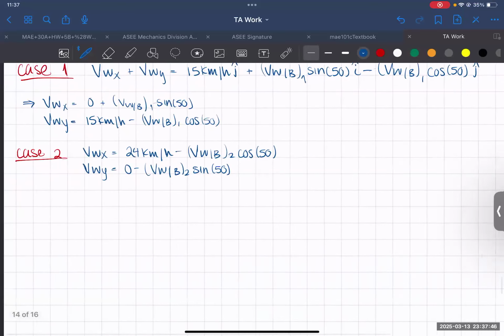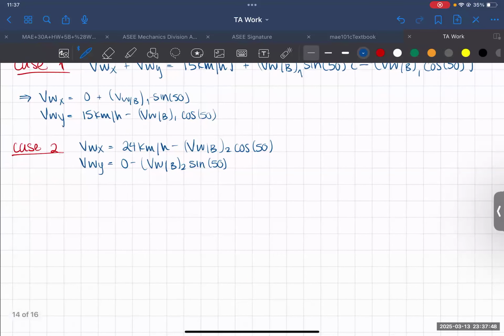So now, after separating for each of them, we can solve for velocity of the wind with respect to the boat 1, 2, and then the velocity in the x direction and y direction. So we can get the magnitude of the velocity. So in this case, we have 4 scalar equations.